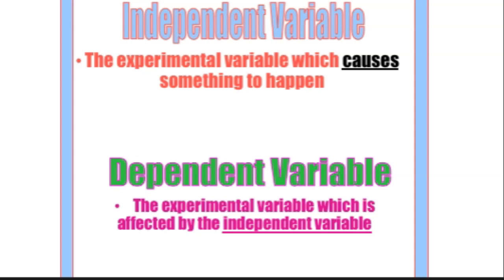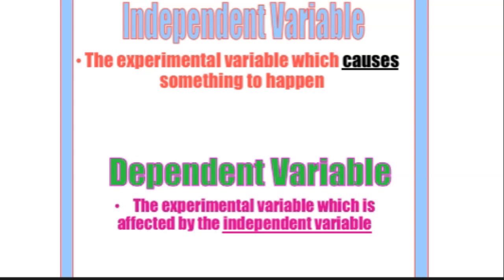So again, this should be review, but the independent variable is the variable that is called the cause variable, right? It's the experimental variable which causes something to happen. So any factor that changes the dependent variable or is manipulated by the experimenter, this is the independent variable, right?